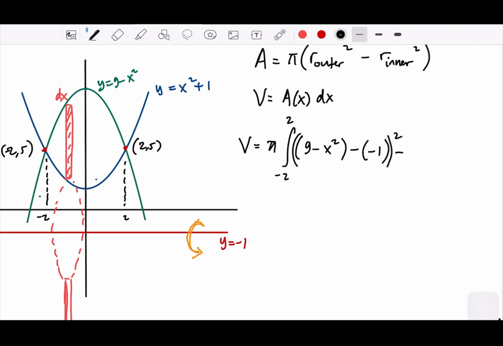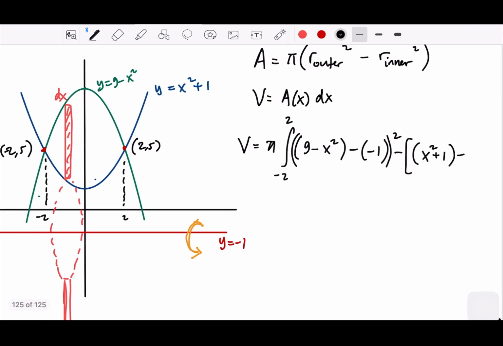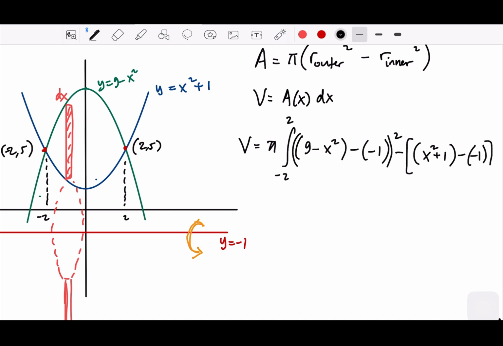And then minus the inner radius, which is x squared plus 1, plus 1, and then squared. Okay, so this will be pi, so 10 minus x squared.